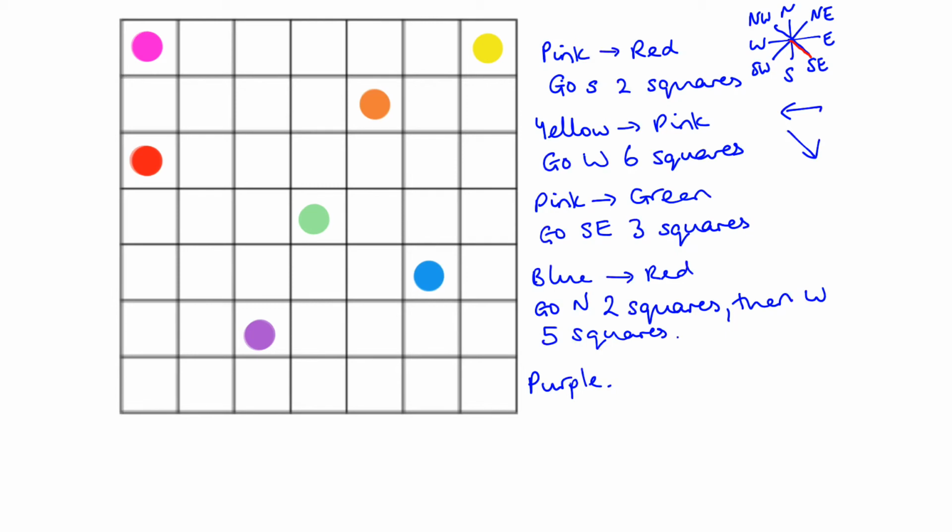Okay, and then I want you to go north 4 squares. Then southeast 3 squares. What colour do you end up at? So start at purple, go north 4 squares, and southeast 3 squares.